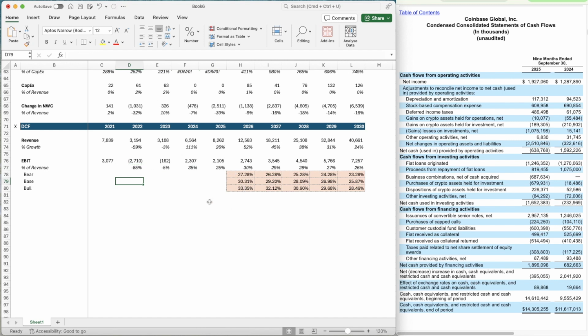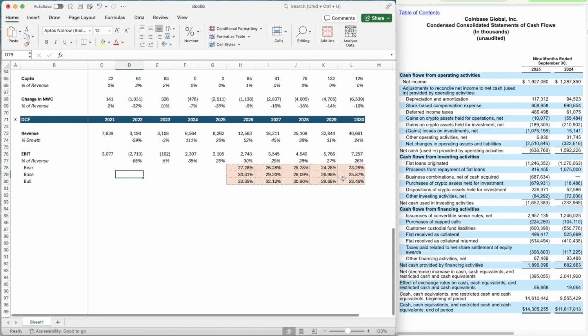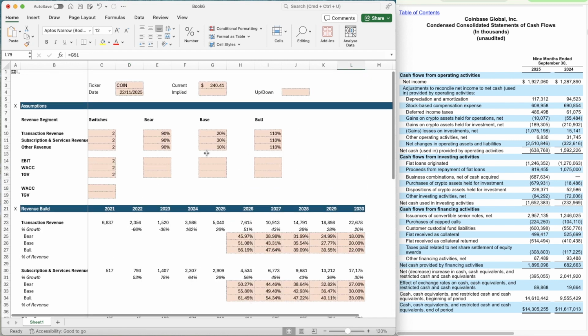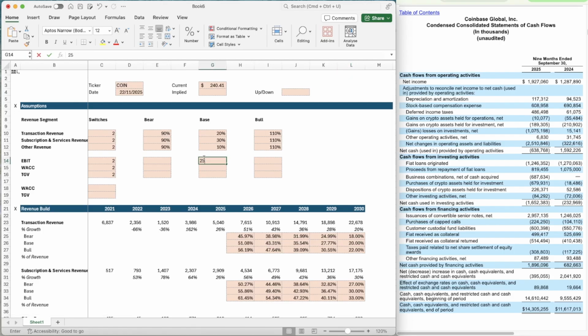So yeah, I think we will put the EBIT heading towards about 25%.